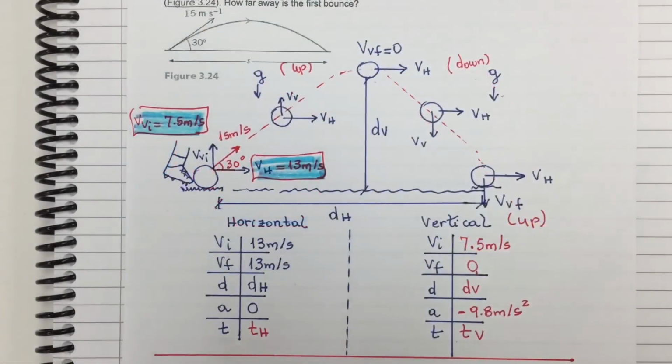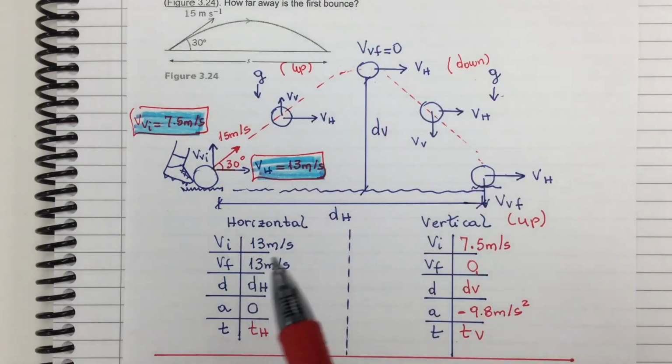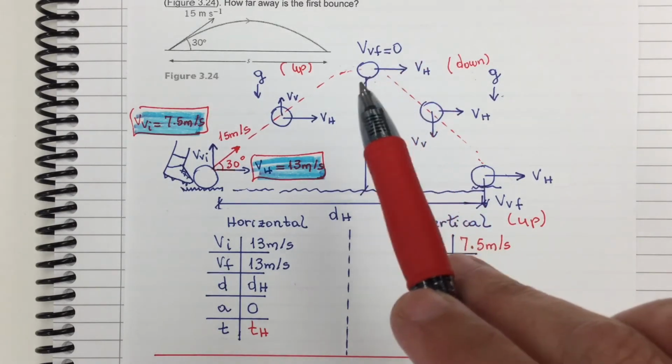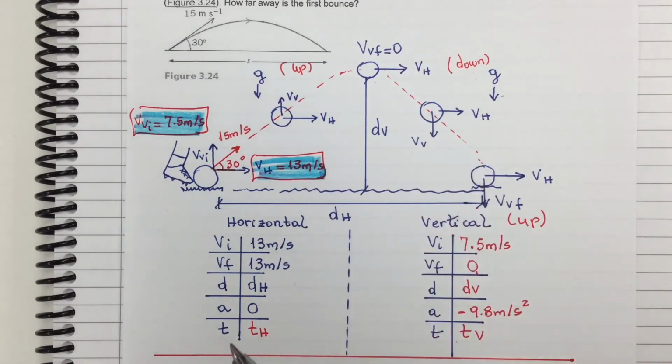So here in front of you, you have those two tables. Horizontally, the initial velocity is 13 meters per second. The final, the entire trajectory, is going to be 13 meters per second, even when the ball stops before changing direction.